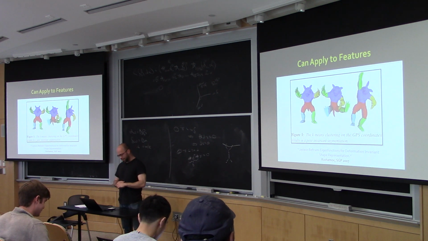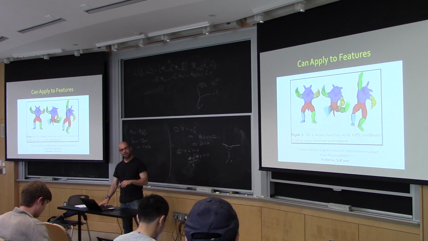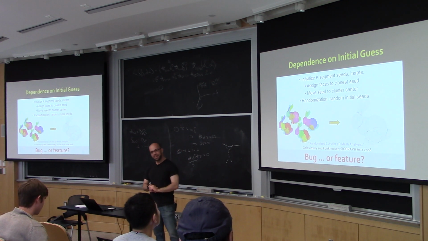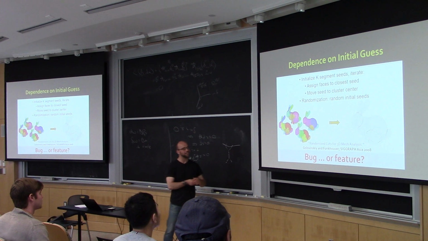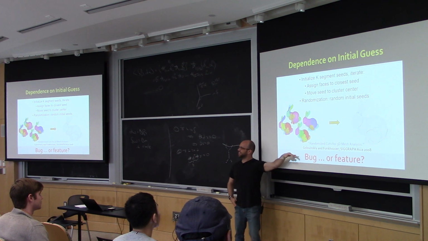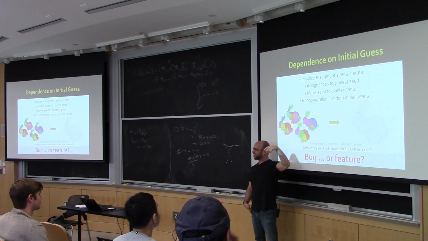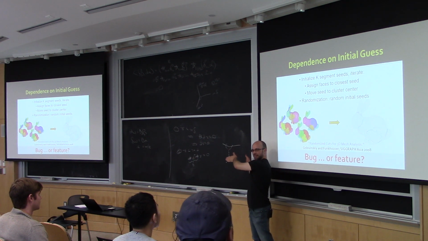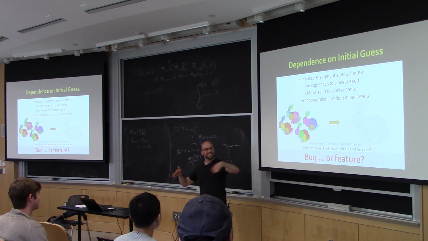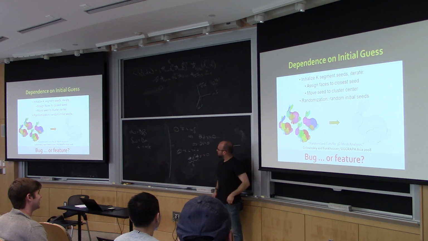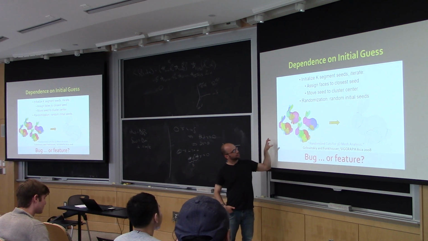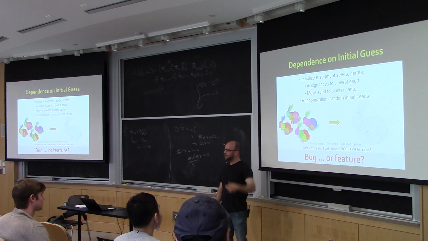Of course, the dependence on an initial guess, I treat it kind of like a bug. Other people have thought of it as a clever feature. So in 2008, a very popular technique for mesh segmentation was proposed. You'll see in each of these lectures that you end up seeing the same name over and over again, because each lecture kind of corresponds to one person's career a little bit. So last time was de Goes, now we're going to do Funkhouser. One of the things that Tom proposed, he's now at Google, was to just keep running K-means randomly.